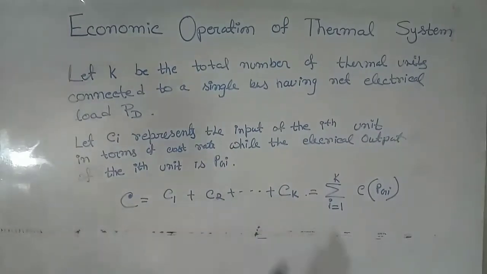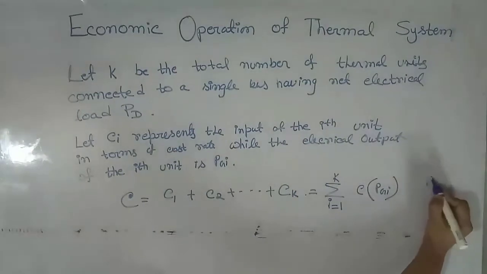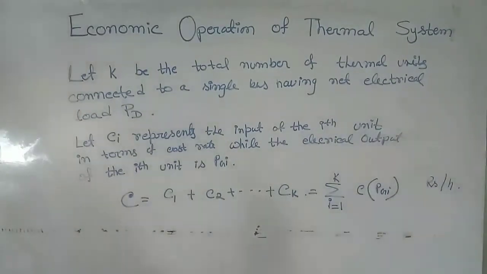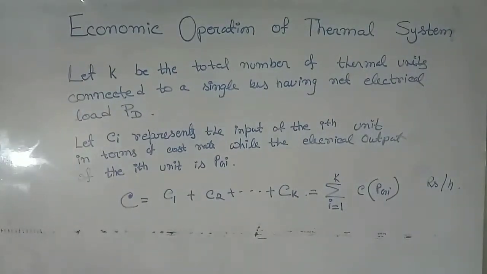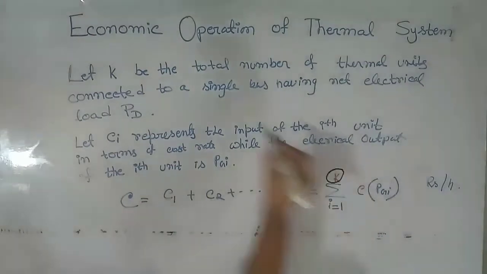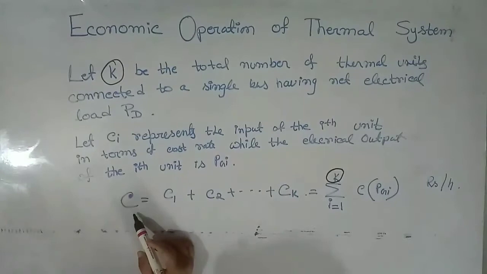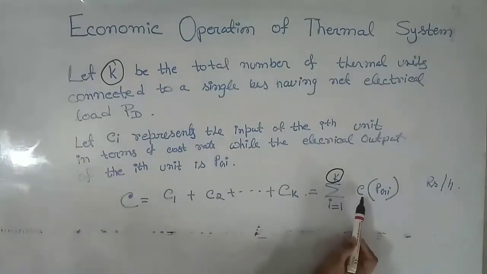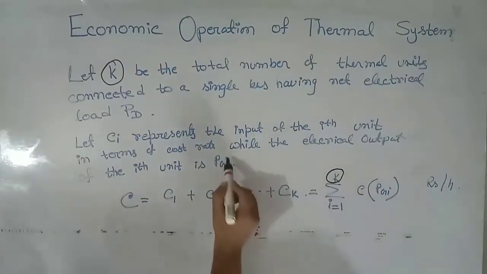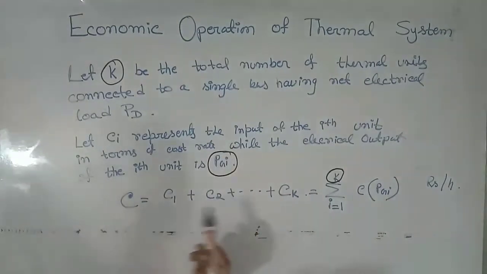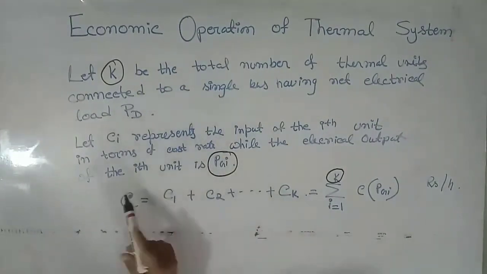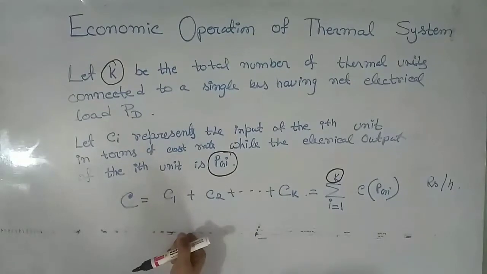So this is our total cost. The unit is rupees per hour. So here K is the total number of thermal units, C is the total cost, and PGi is the electrical output of the ith unit.